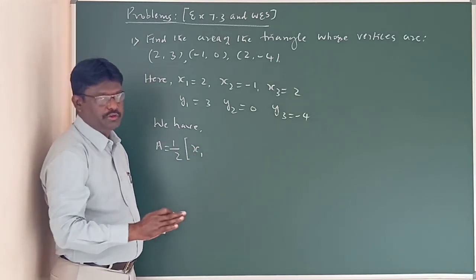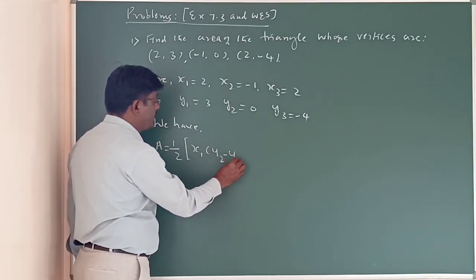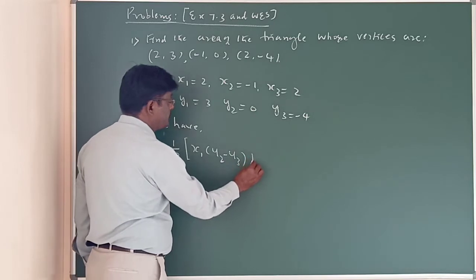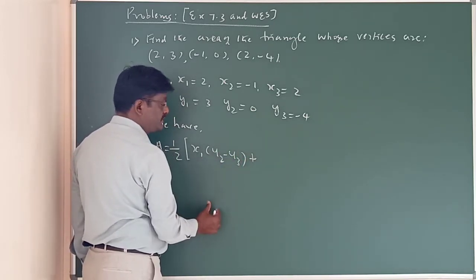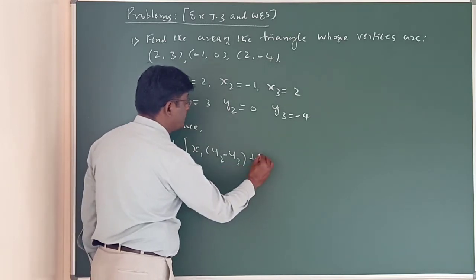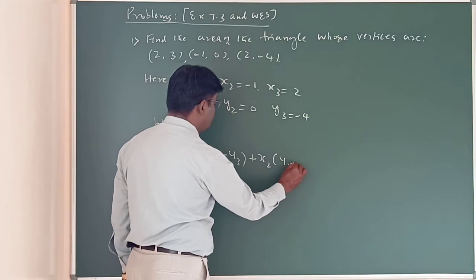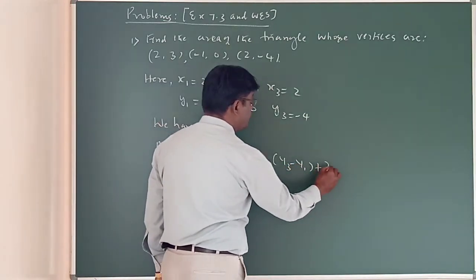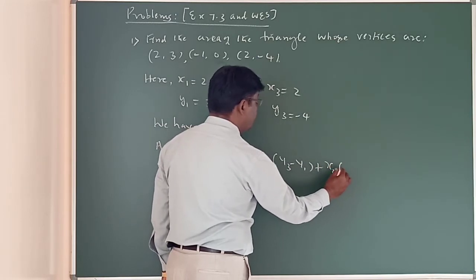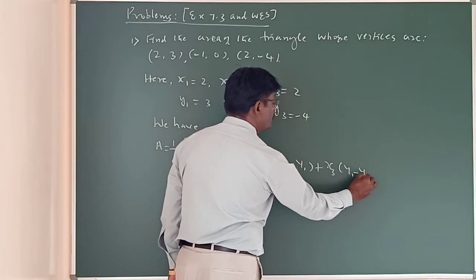Once you know x1 and y2 minus y3 plus, then easily we can write the remaining by cycling: x1 becomes x2, y2 becomes y3, y3 becomes y1, x2 becomes x3, y3 changes to y1, y1 changes to y2.